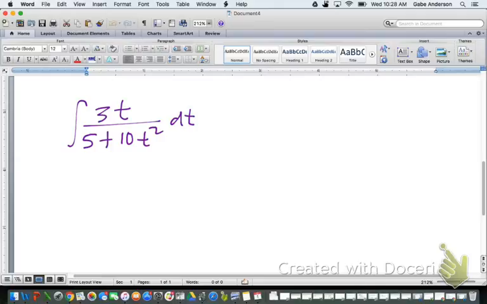If you just blasted right on through, this is going to be an ln, but if you blasted right past ln and flipped up, you would get this. Maybe you get the 3 out of there, 5 plus 10t squared to the negative 1.